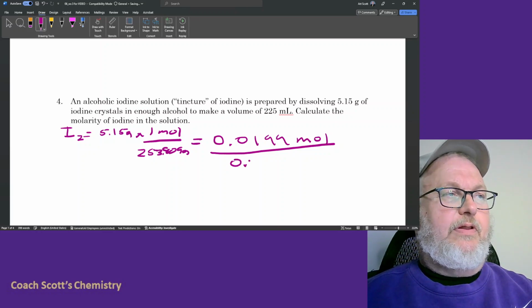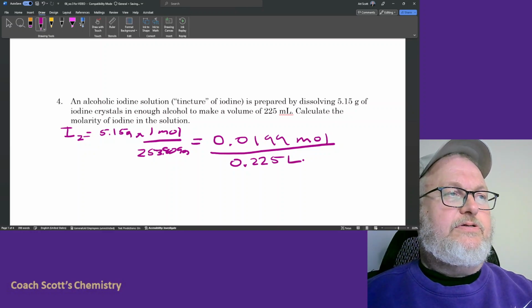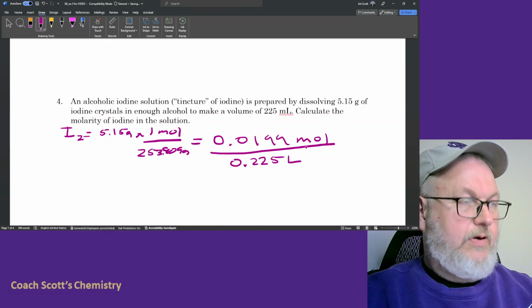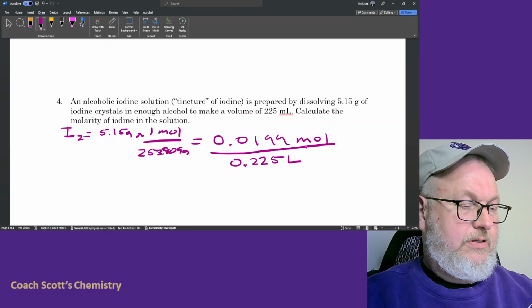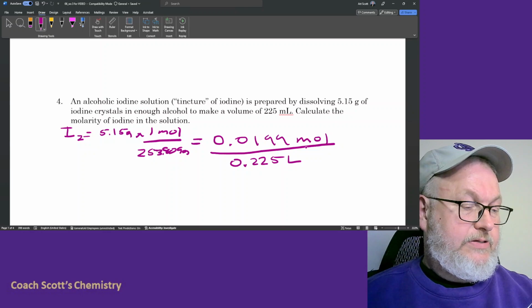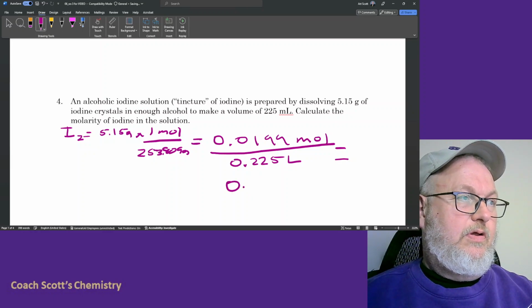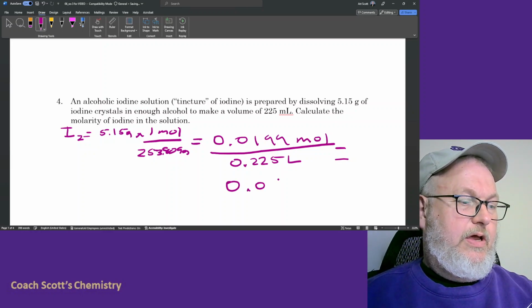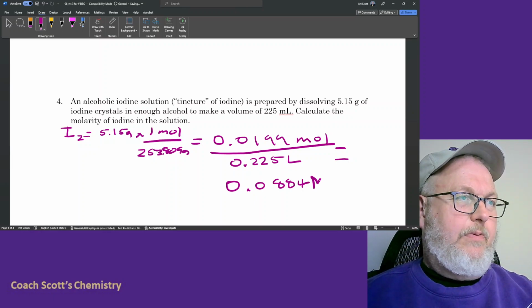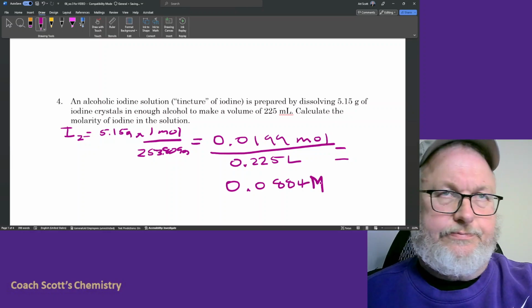So let's convert that milliliters over to liters, 0.225 liters, and do our calculation. So that means I got a 0.0884 molar solution, capital M, molar solution.